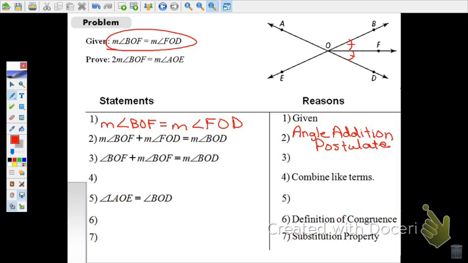Number 3. Okay. So sometimes you have to look really closely to see what's changing. So what changed from 2 to 3? Okay. Angle FOD became angle BOF. Why can we change that?